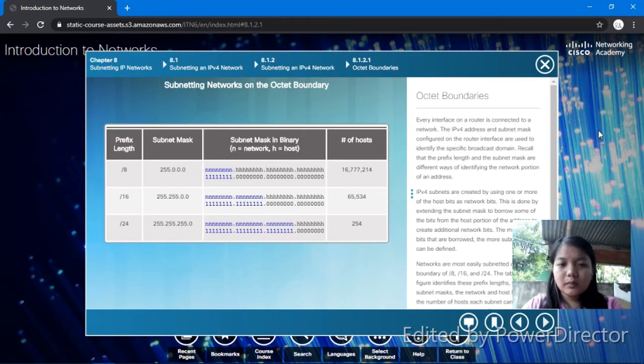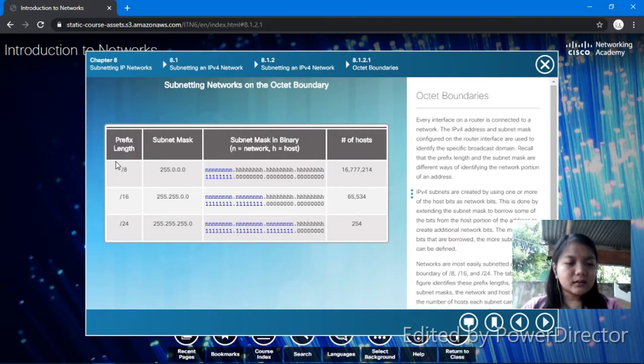So the octet boundaries. Every interface on a network is connected to a network. The IPv4 address and the subnet mask configured on the router interface are used to identify the specific broadcast domains. Recall that the prefix length and the subnet mask are different ways of identifying the network portion of an address.